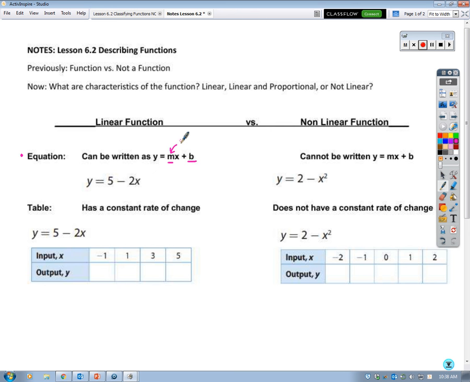So m is a constant rate of change, which means it's going to be a straight line. b is our y-intercept, which means it will be a straight line, but not proportional.